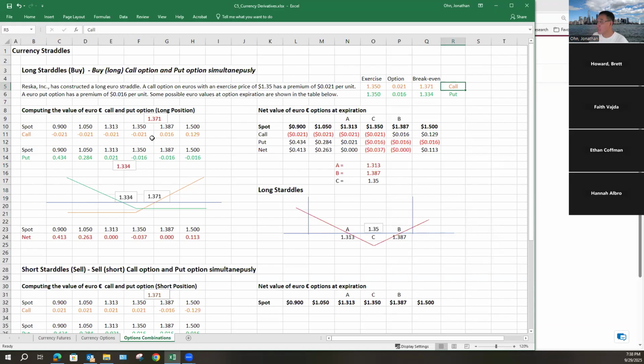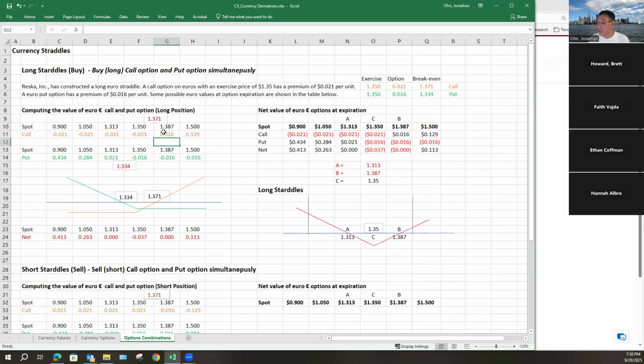Now, as I said, if you are in the money, the call option profit is the spot price minus the exercise price minus the option price, so the sum of these is the break-even point, 1.371.